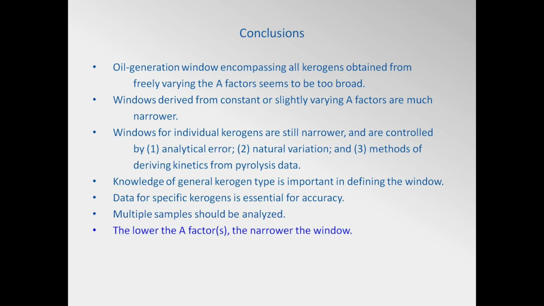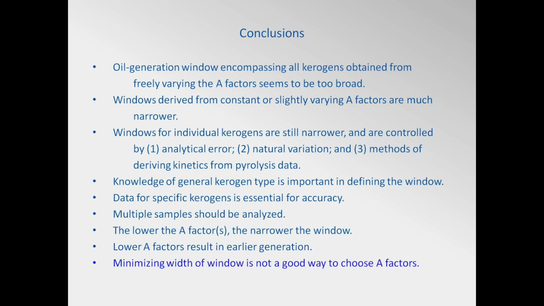Seventh, the lower the A factor we use for our kerogen, the narrower the hydrocarbon generation window will be. Eighth, lower A factors will result in earlier generation at lower vitrinite-reflectance values.